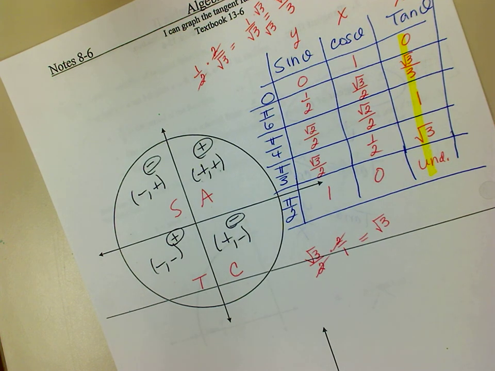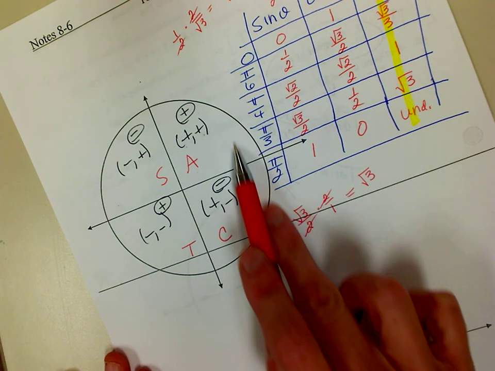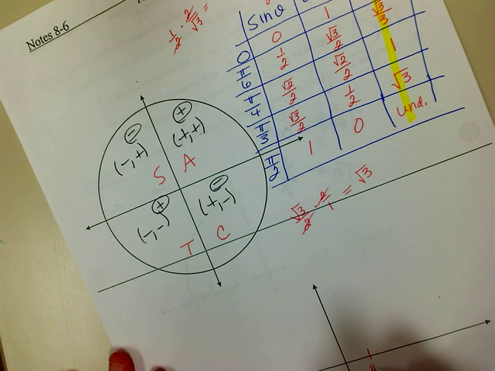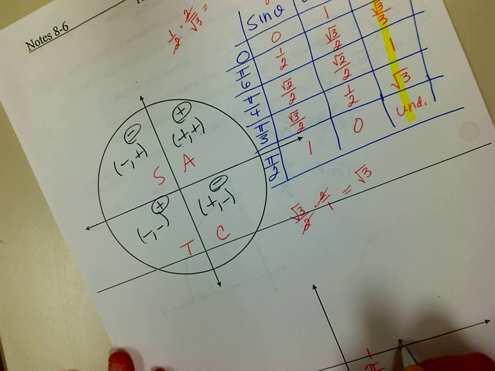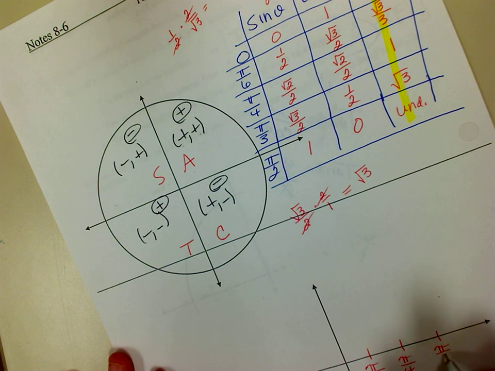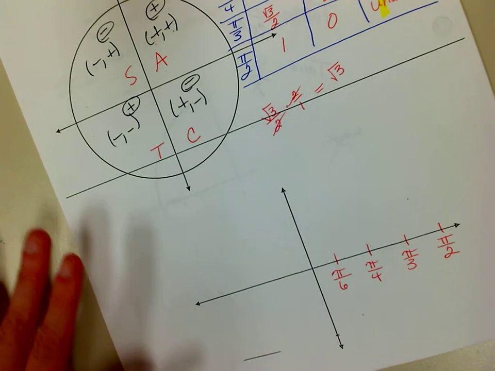Okay, so now let's go ahead and graph tangent. If I look at these values right here, I'm going to put those on, I'm going to go all the way up to pi over 2. And then I'm going to do the same thing over here, but negative.